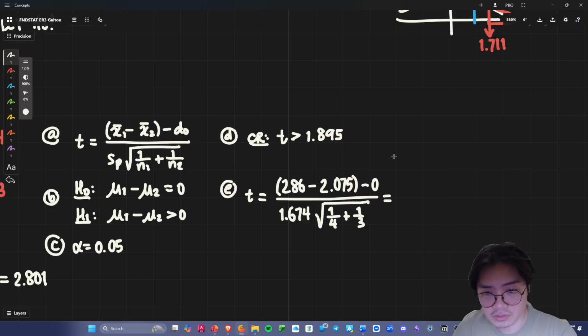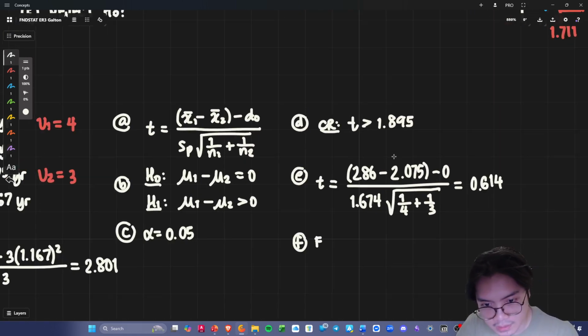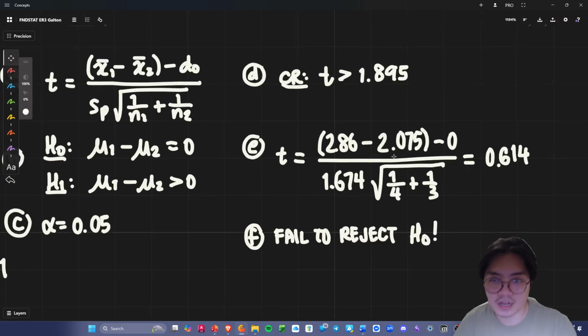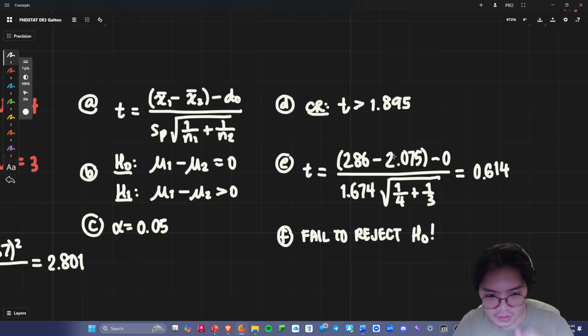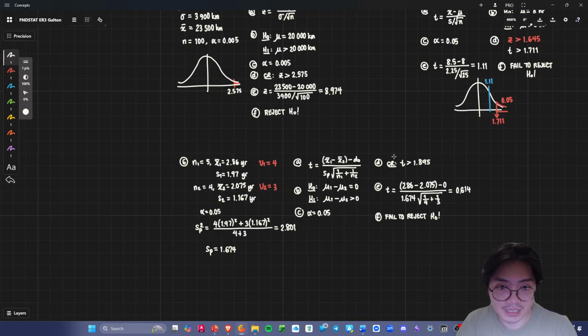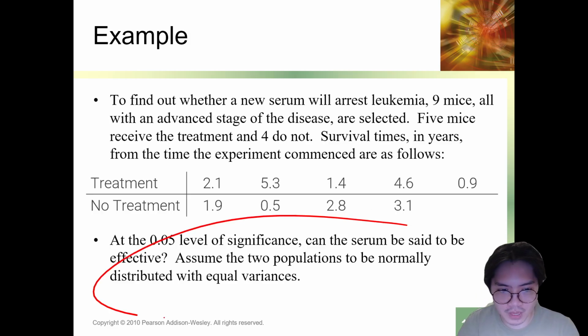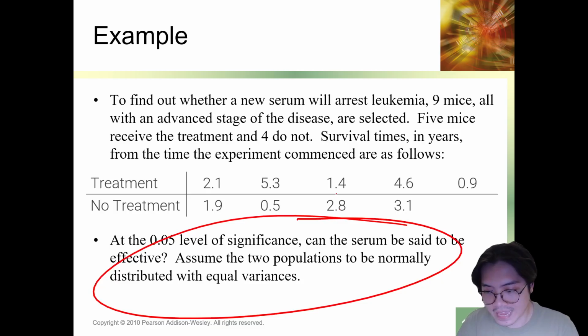Our answer is 0.61. That is not enough. Means, sadly, we failed to reject our null hypothesis. There's not enough of a significant difference for us to say that this serum works for mice. You have to pick up on those very tiny phrases.